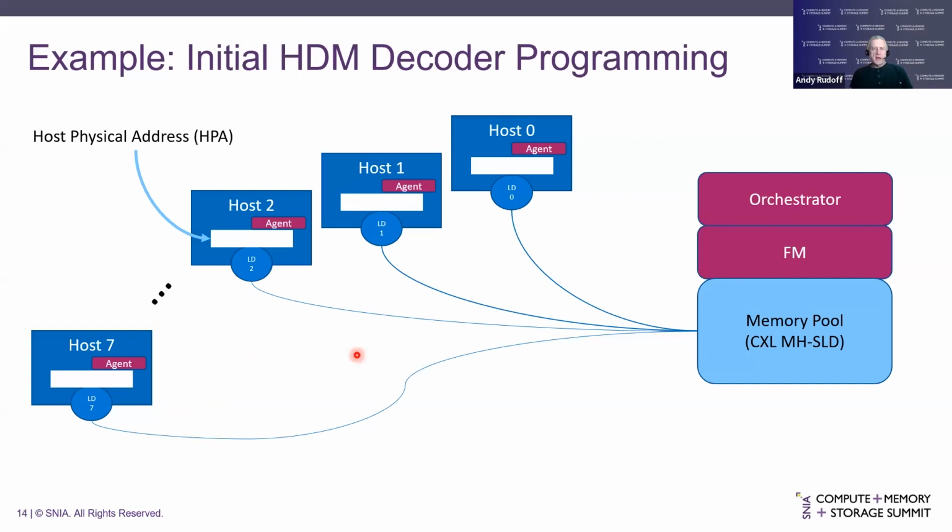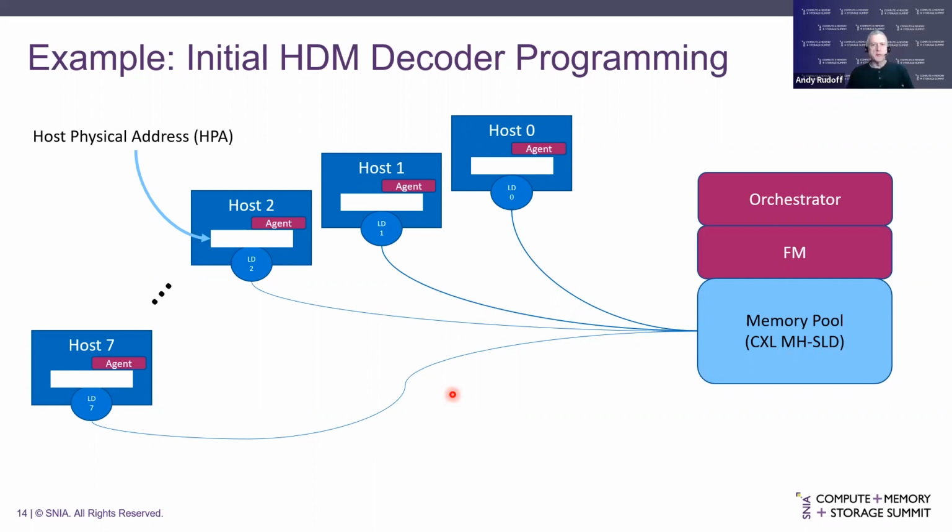So at the beginning of time when these hosts boot up, there's a generic CXL Type 3 memory device driver. And that's kind of an important point because we want to encourage these hardware vendors to be able to build these memory devices or even memory pools without having to develop the software stacks to allow software to use them.